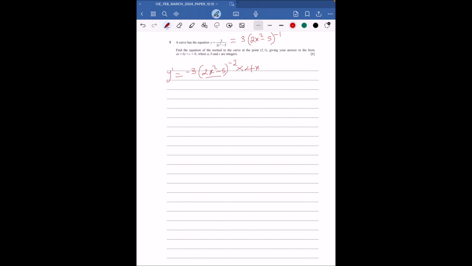So you differentiate the bracket, you get that. Remember, dy/dx is the gradient. So I substitute x is 2, so minus 3, then 8 minus 5 to the power of minus 2, times 4 times 2 is 8. So that will give me minus 3 times, so this will be 9.